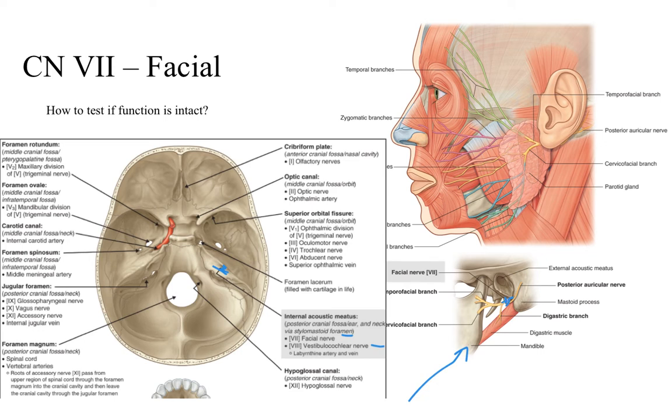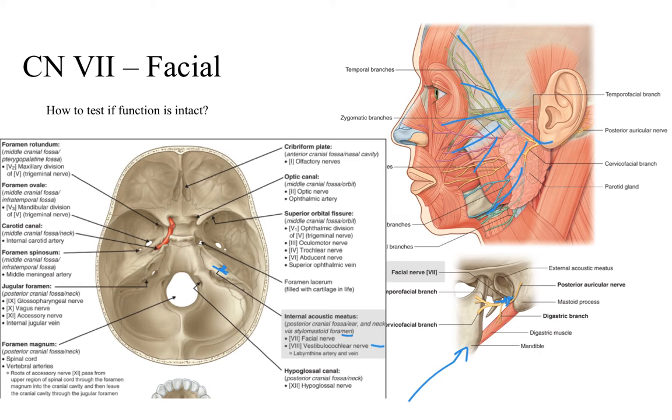So it's not actually part of the canal, it comes out under the canal and then goes to the facial muscles it needs to go to. So it's going to come out under the ear and then go to all levels of the face, all right, to the muscles of facial expression.